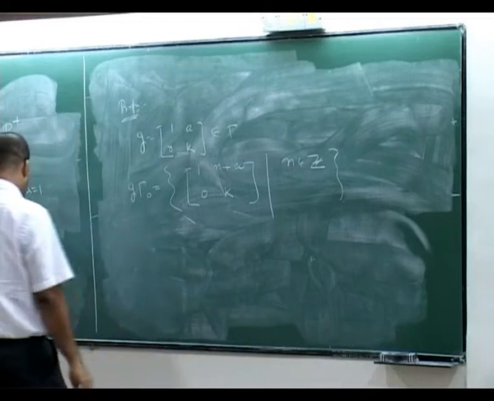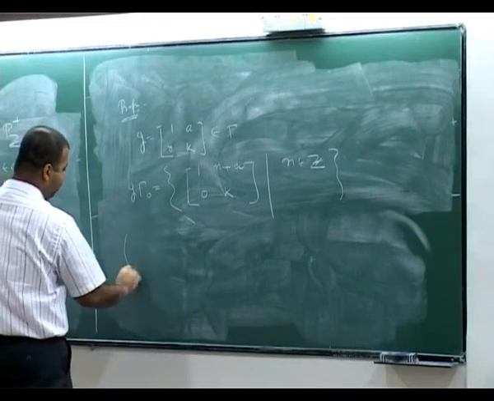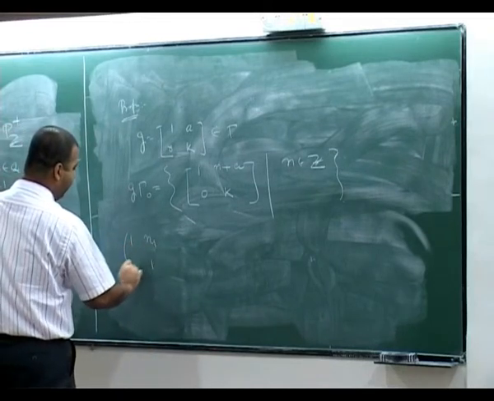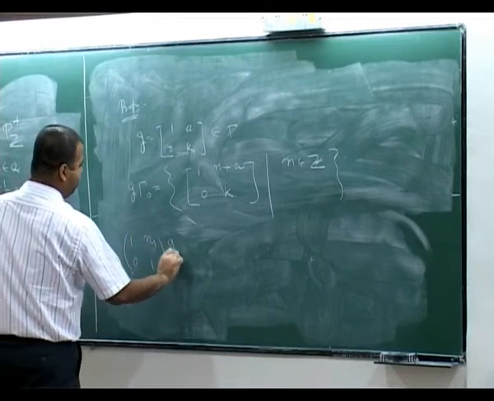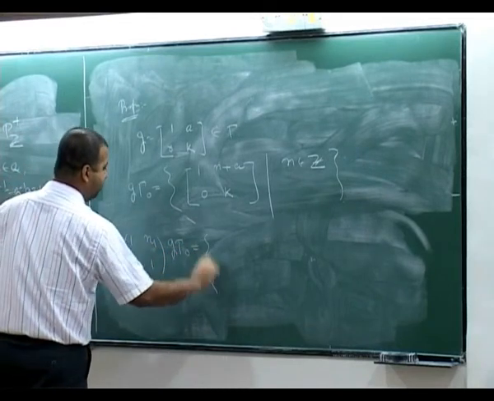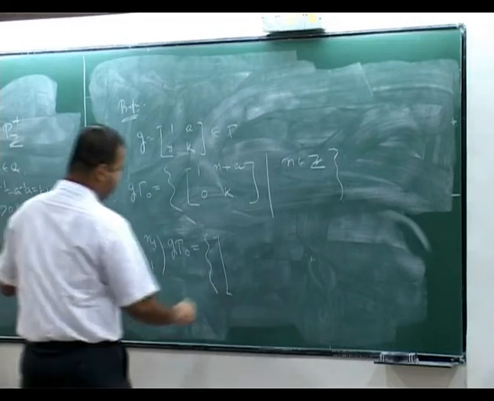And if I take another element from gamma naught, say 1 n1 1 0, g gamma naught, then that will look like 1.